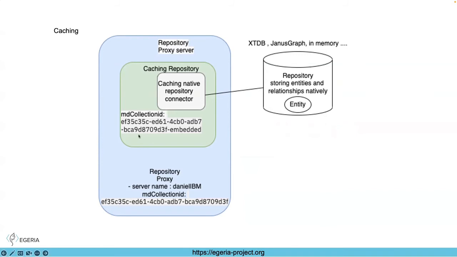Lupcio mentioned these things called metadata collection IDs. So we have a metadata collection, and that really represents the metadata repository. In this case, we're representing the Hive Metastore as a metadata repository. So we want to mark all of those entities that we expose on the cohort with an ID that says they all come from the same repository.